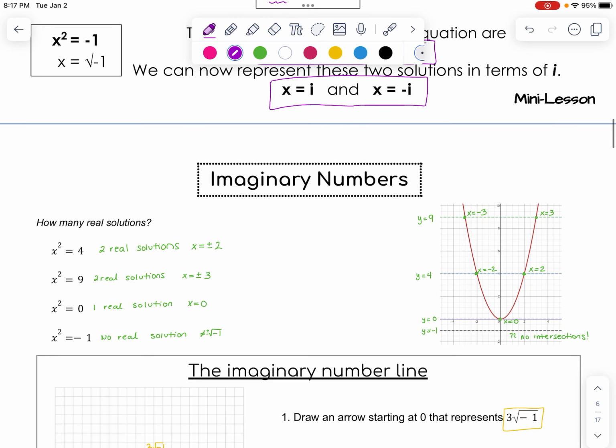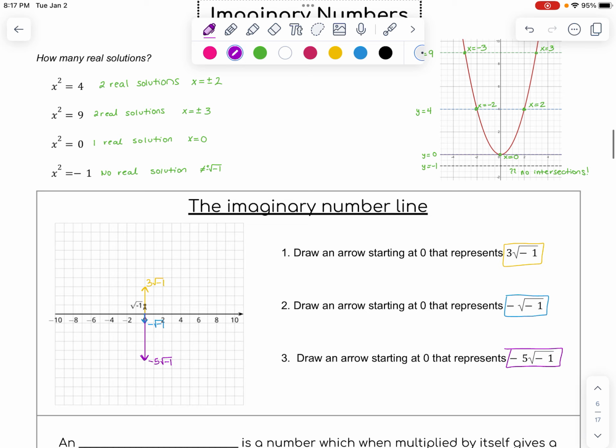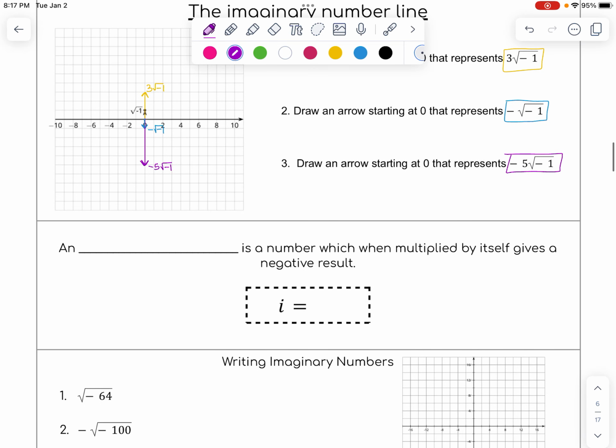So continuing with our notes, these are what we've already gone over together. Just to recap though, an imaginary number is a number which, when multiplied by itself, gives a negative result.